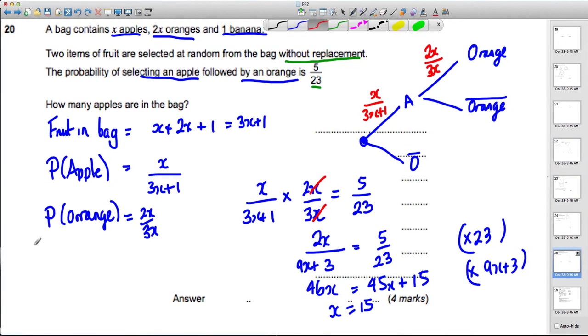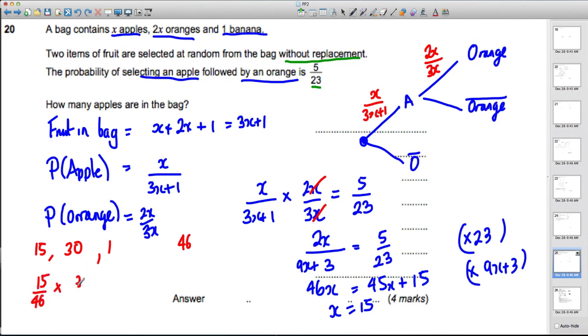If we had x apples, we'd have 15 apples, 2x oranges is 30 oranges, and 1 banana. In total, we therefore have 46 items of fruit. And to get an apple followed by an orange would be 15 out of 46, then multiplied by 30 out of 45. And if we did that multiplication, would we get 5/23?